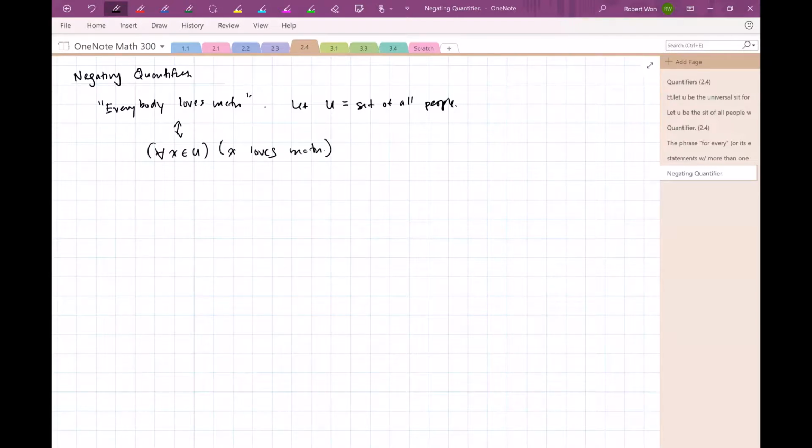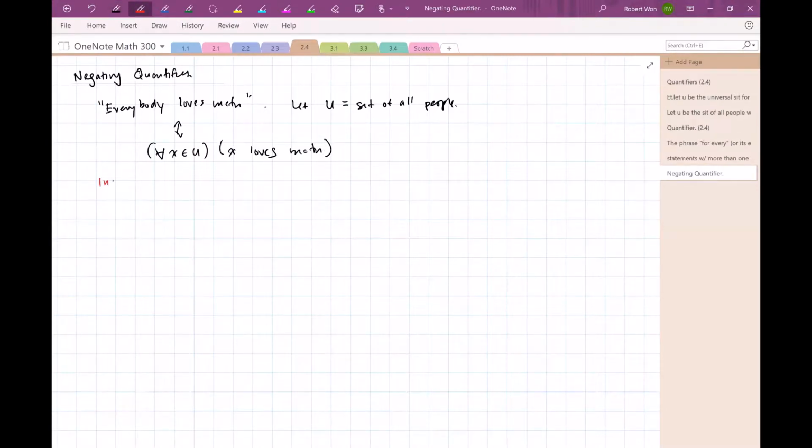Okay, well, how do you negate this statement? How do you negate the statement everybody loves math? A tempting but incorrect answer is everybody does not love math.